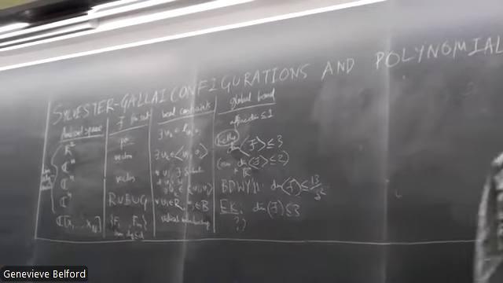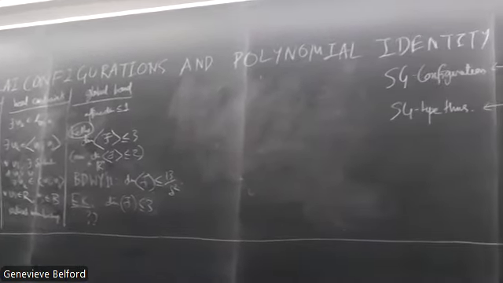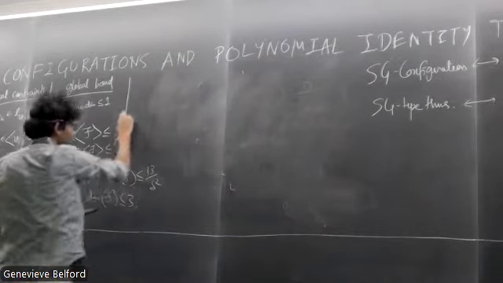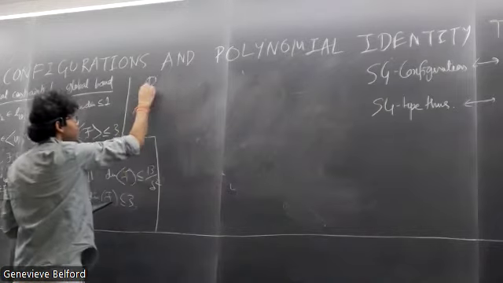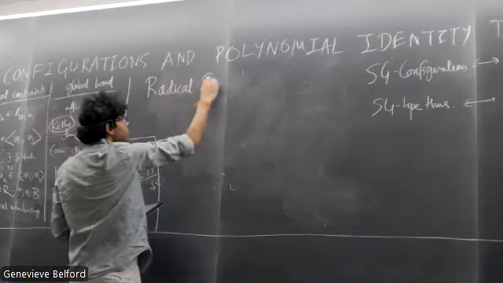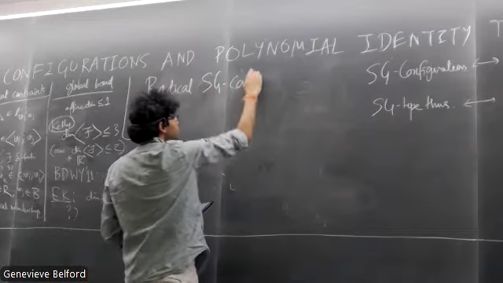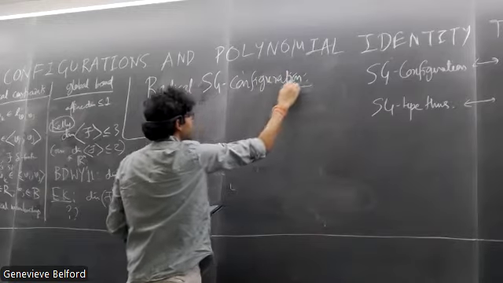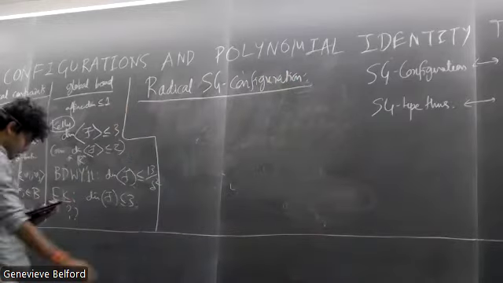So the kind of nonlinear Sylvester-Gallai configuration we are going to consider, let's write down the definition. We will call it a radical Sylvester-Gallai configuration. Okay, so what's the definition?